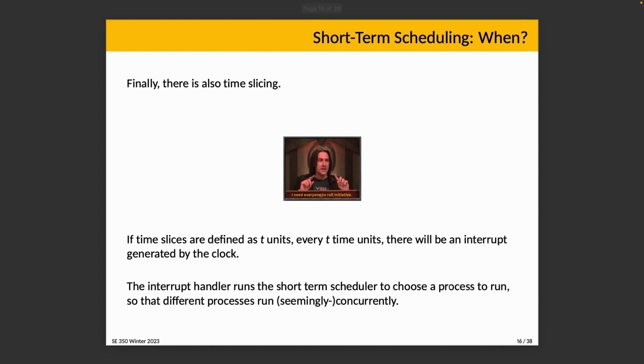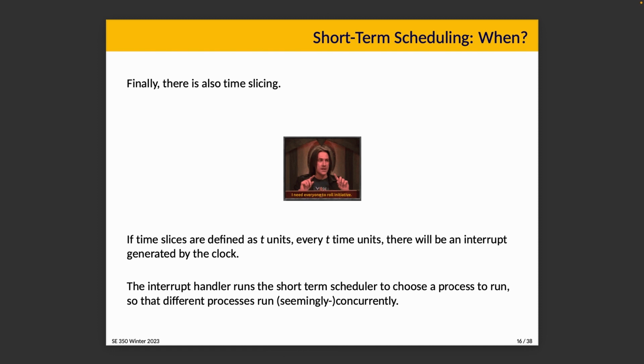Finally, there is also time slicing. This is another occasion that causes a process switch, and it's about dividing up the available CPU time amongst the various processes. This is the preemptive part of preemptive multitasking: your program may execute for some period of time, and when time's up, there is a process switch, and another one gets an opportunity to run.